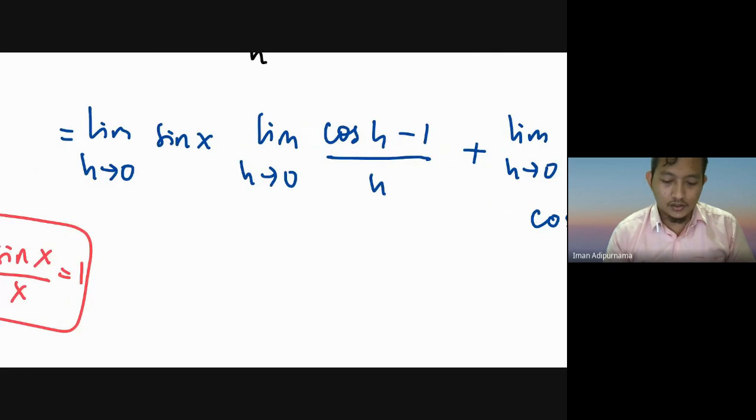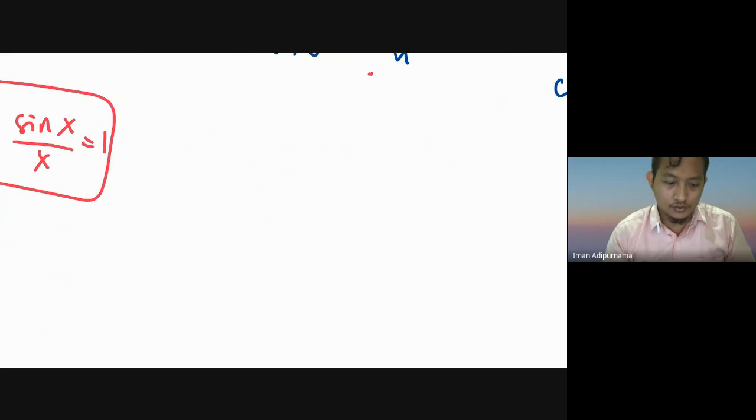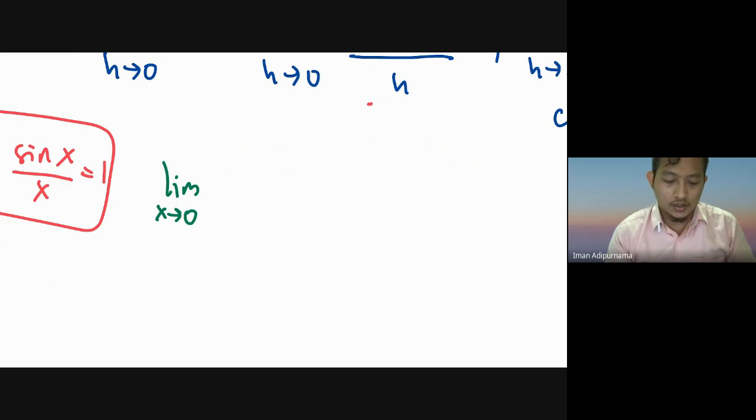And here I think we have already tried to solve it. If you don't remember, let me solve it for you. So limit as x goes to 0 of cos x minus 1 divided by x.